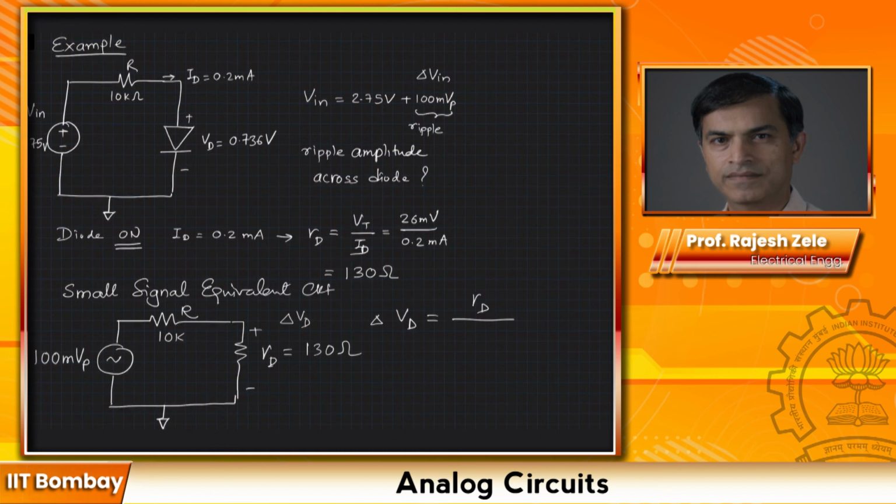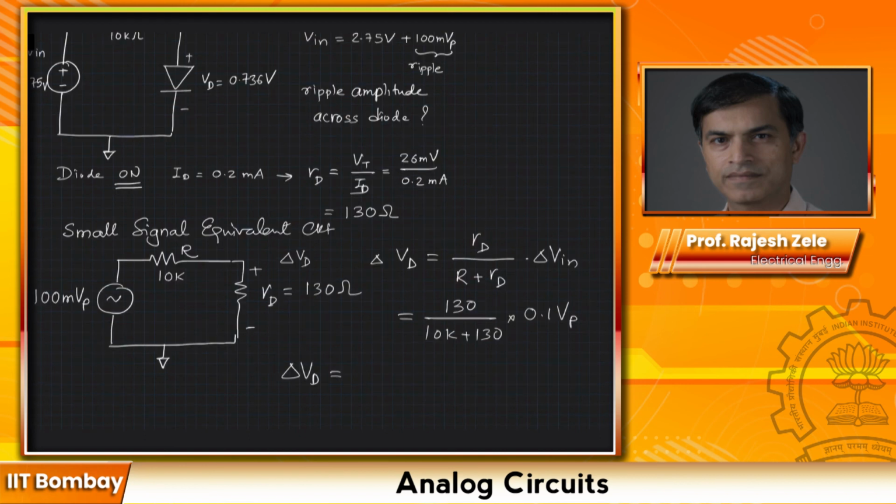It looks like a resistive divider, so it will be RD divided by R plus RD times delta V in. So this would be 130 divided by 10k plus 130, multiplied by 0.1 volts peak. You can do the calculation. It would be approximately 1.28 millivolts peak.